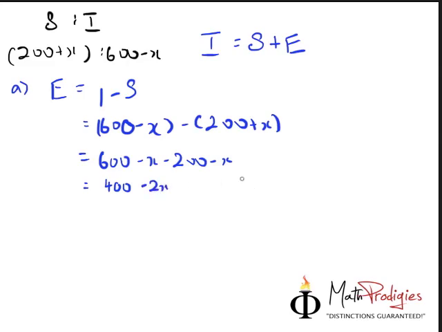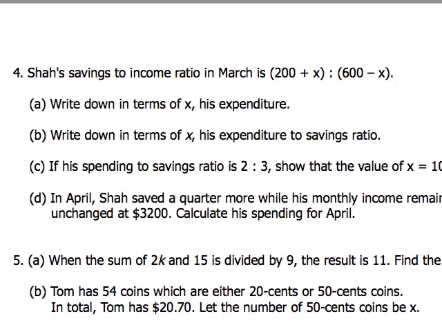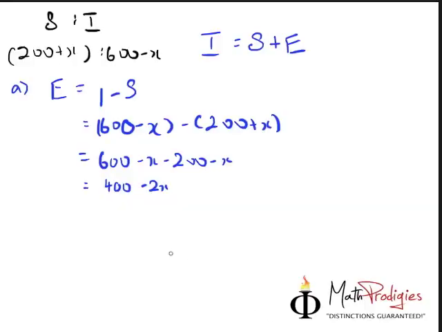So that is the expenditure. Therefore part B asks you to write down in terms of x the expenditure to savings ratio. So expenditure to savings: 400 minus 2x is to, what's your S? Your S is 200 plus x.